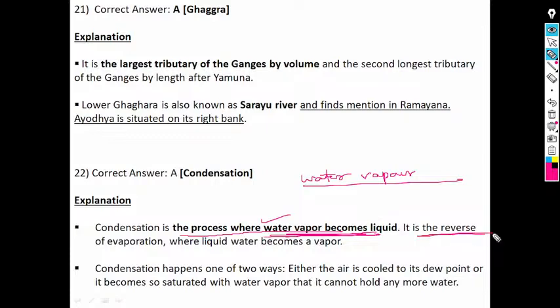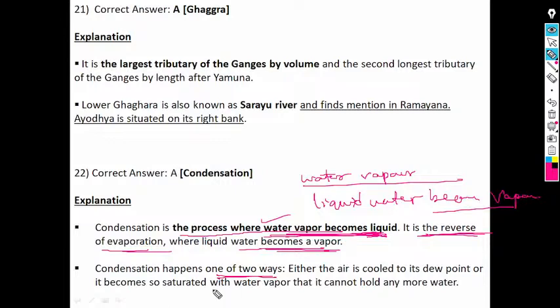It is the reverse of evaporation, where liquid water becomes vapor. So condensation is the opposite: water vapor becomes liquid.